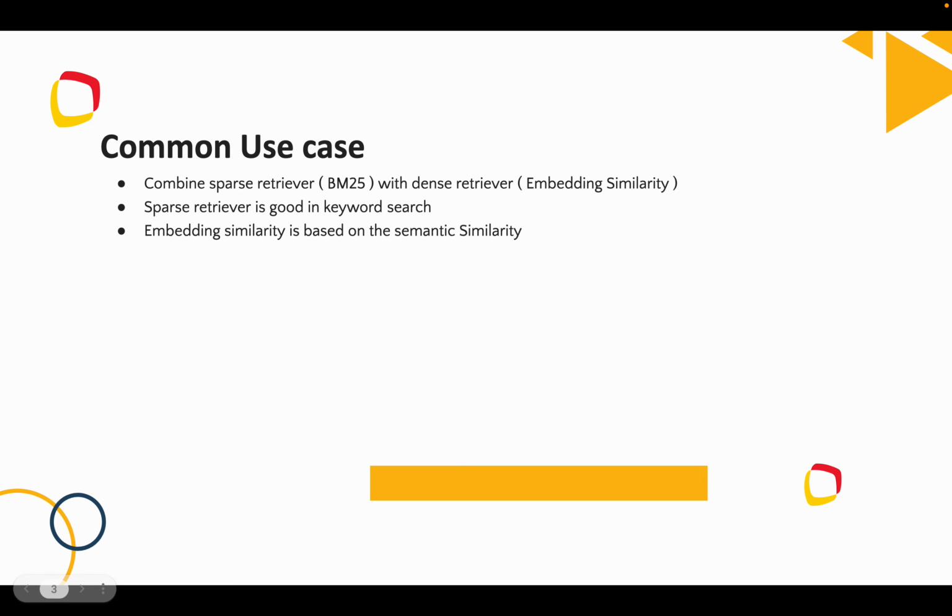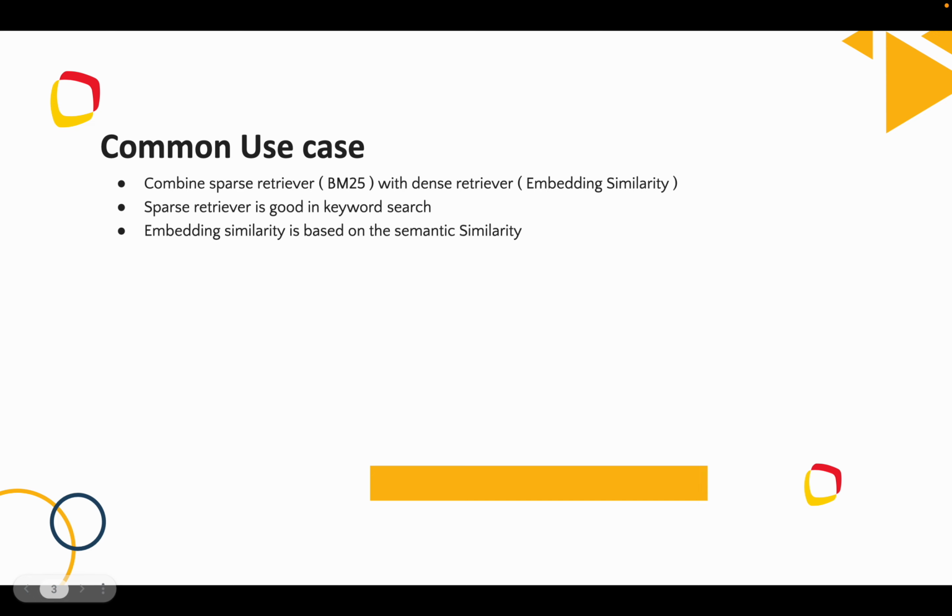But when we consider dense retrievers, like the Chroma retriever or the FAISS retriever, they retrieve based on cosine similarity. But sometimes, if the query is very small and the context is too big, the dense retrievers may not be able to retrieve the exact details using similarity search.